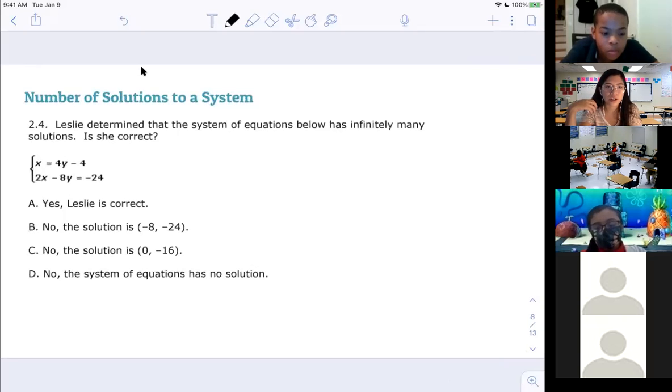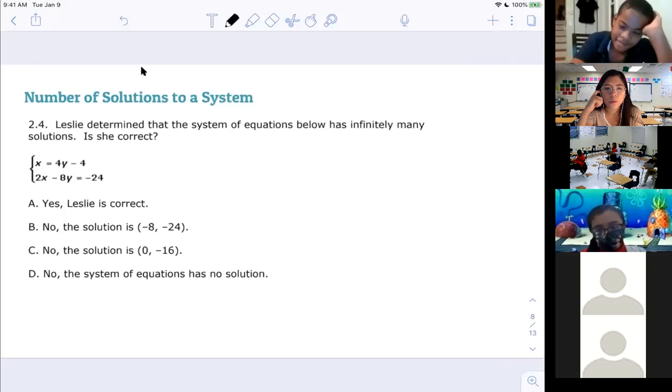Tyrone says substitution, and that's correct, but why? Why would I prefer substitution? Because there's no equal sign? Well, there is an equal sign, but it's in a specific place. Right.